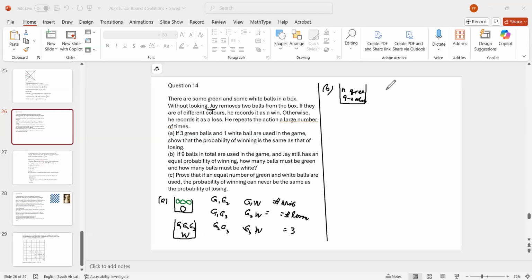So the total number of ways of choosing 2 balls from 9. See, to go back to this, the total number of ways of choosing 2 balls from 4.